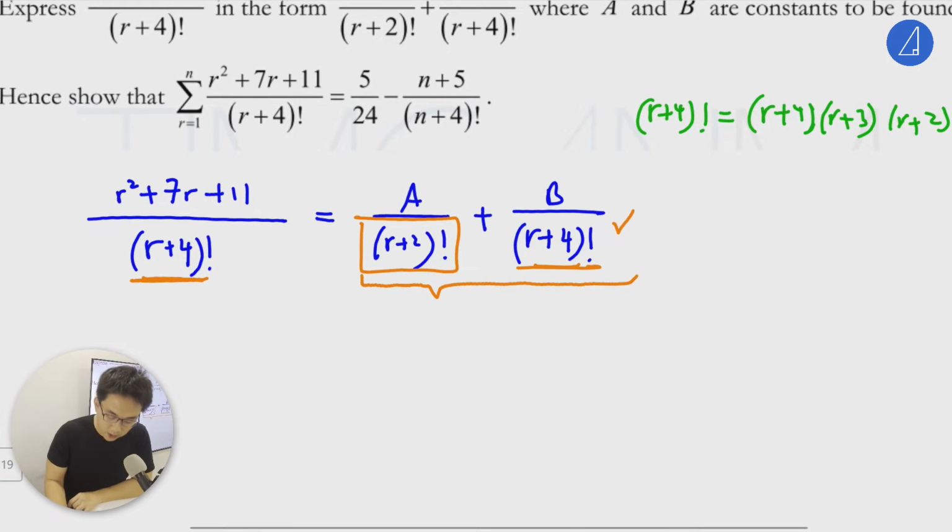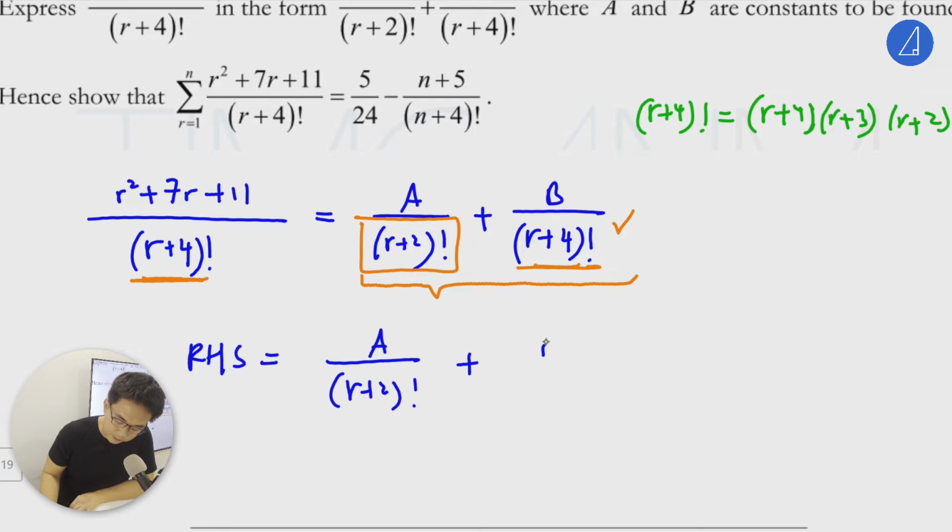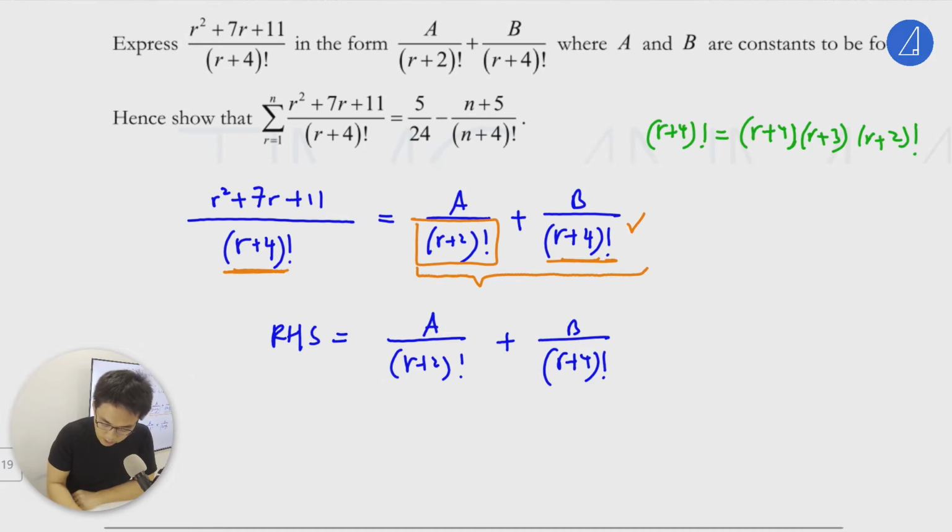Why is this important? Because in this case, on the right-hand side, what I need to do to this factor here is to multiply it with r plus 4, r plus 3.